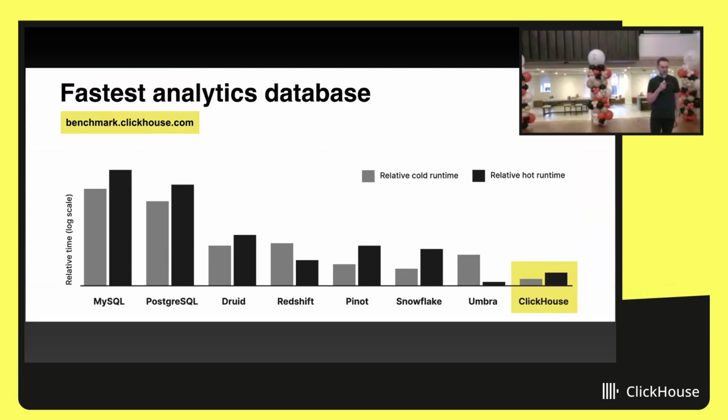There is an open source benchmark available at benchmark.clickhouse.com. It contains about 50 different systems contributed by the community, by the authors of these systems. And you can see that ClickHouse is the fastest among production analytical databases.